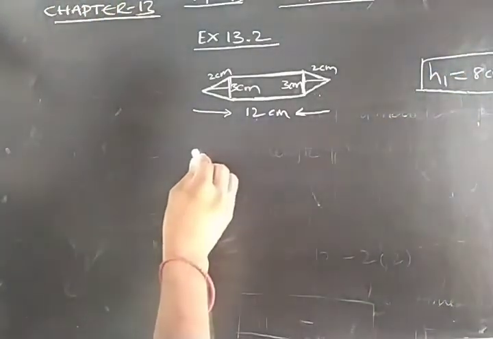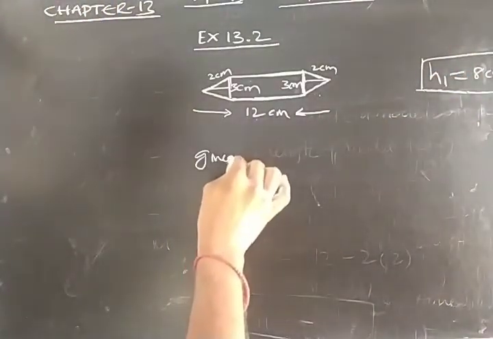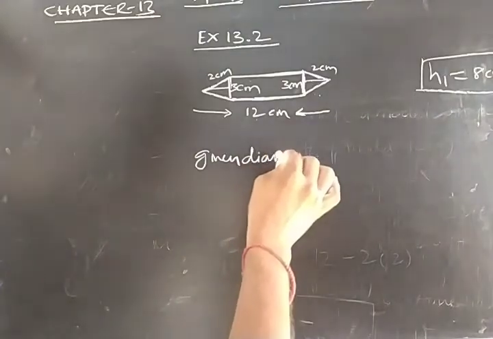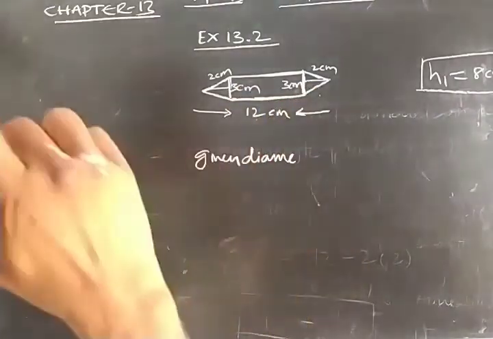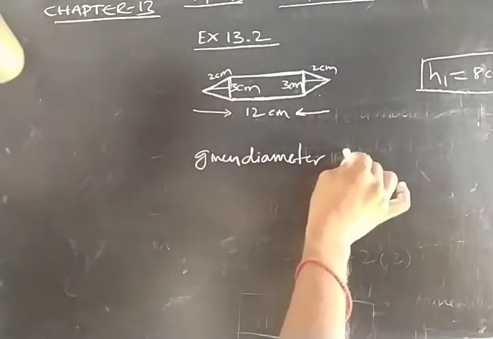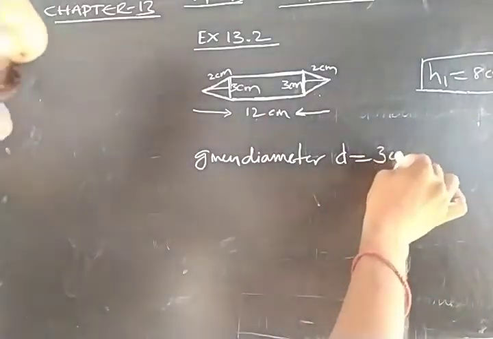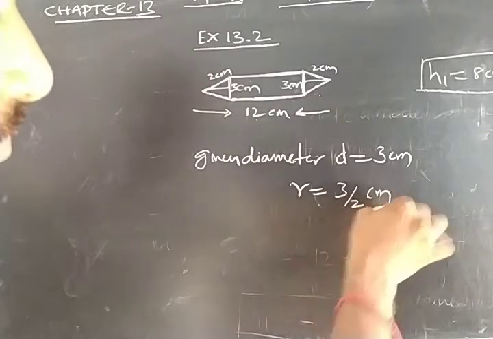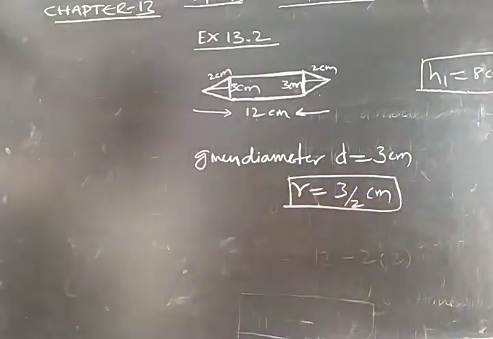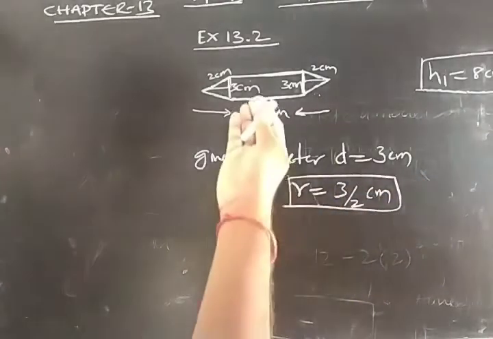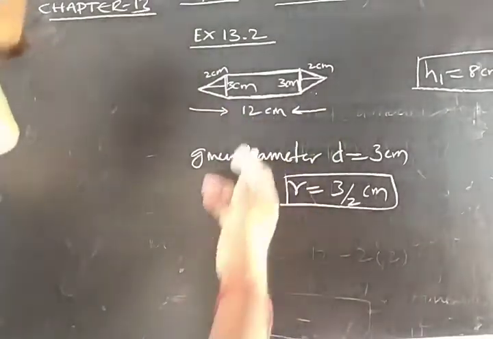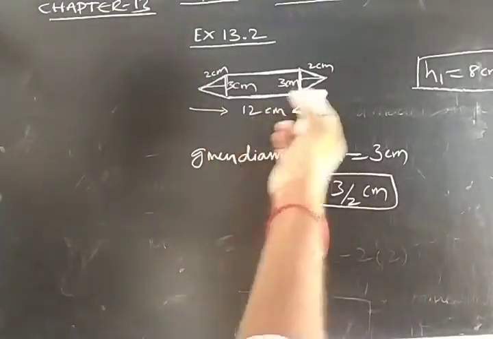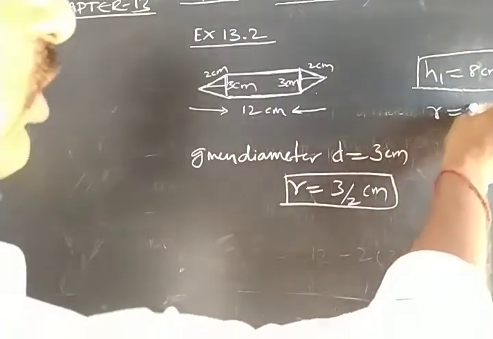Now, given the diameter of the cone and cylinder, both diameter d is equal to 3 centimeters, so radius r is equal to 3 by 2 centimeters.